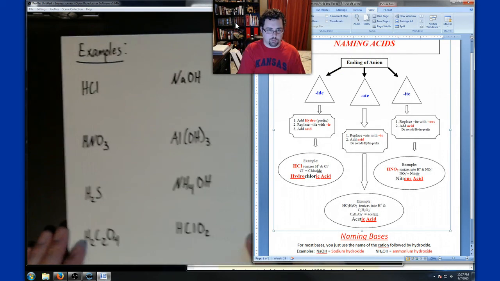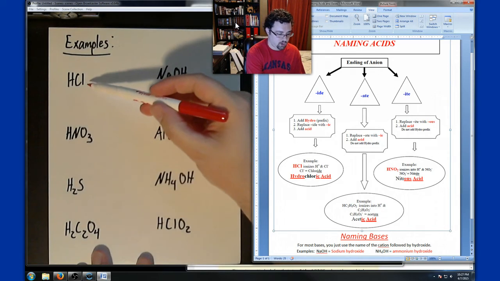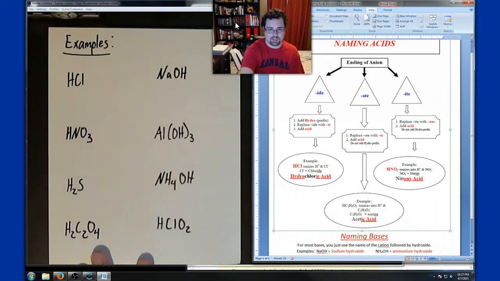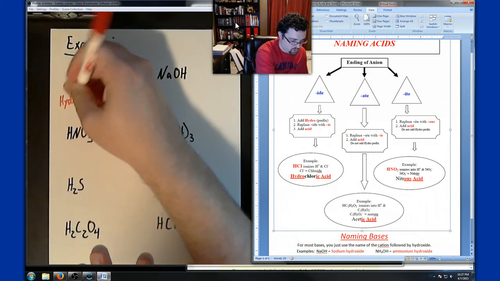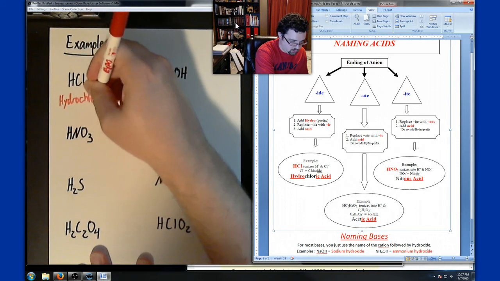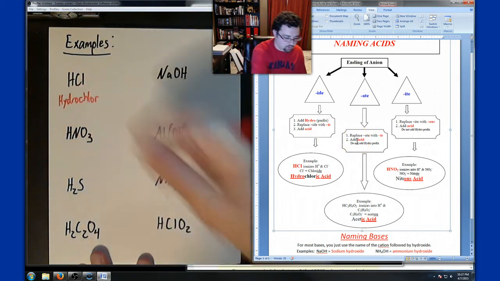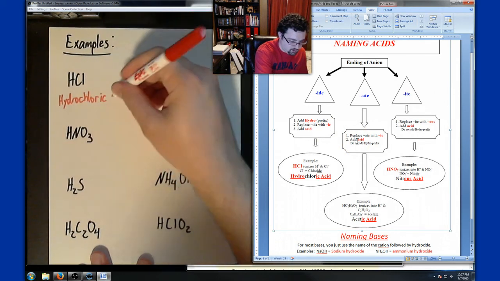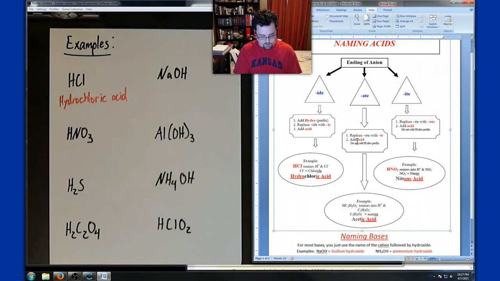So here's some examples. HCl. Cl is chloride, so if it's ending with "ide", you add the hydro prefix, so hydro, chlor, and then the "ide" becomes "ic", so hydrochloric acid is what HCl is.